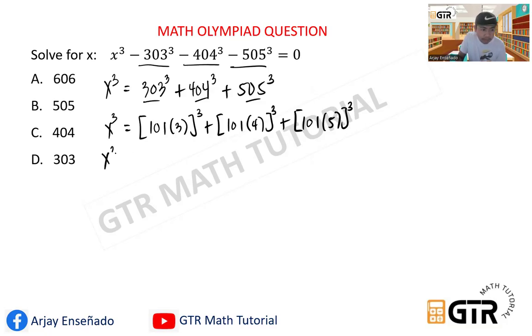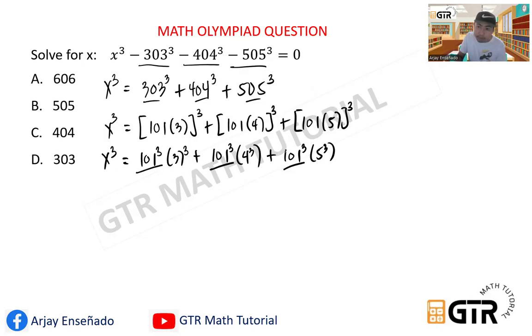So we have x cubed is equal to 101 cubed times 3 cubed plus 101 cubed times 4 cubed, and then plus, distributing the cube, 101 cubed times 5 cubed. All have 101 cubed, so factor it out.